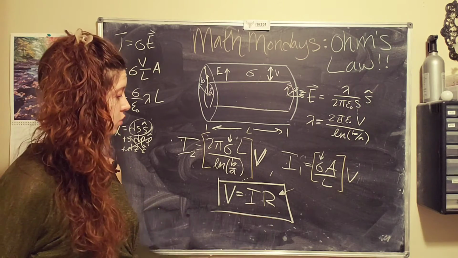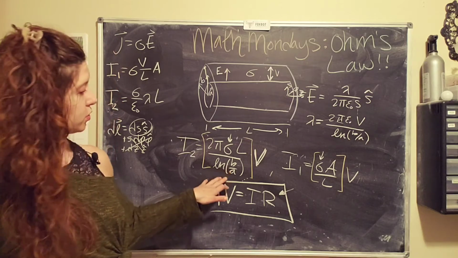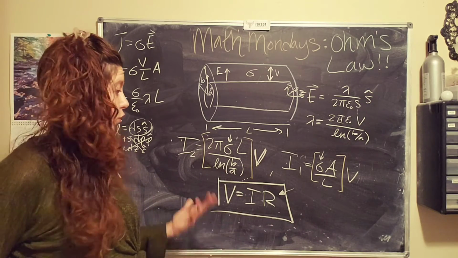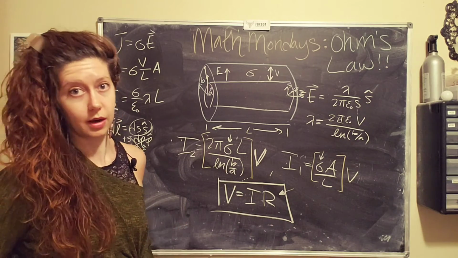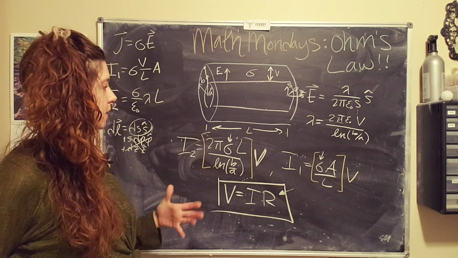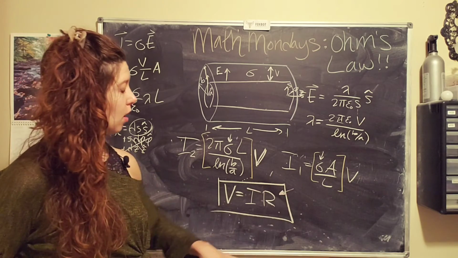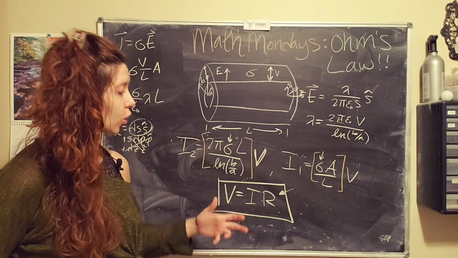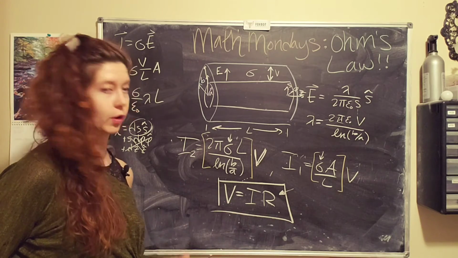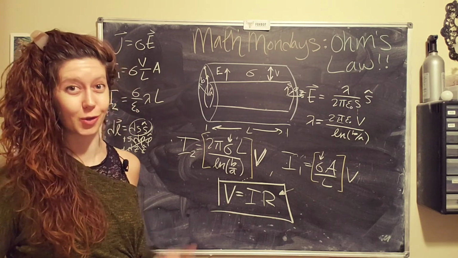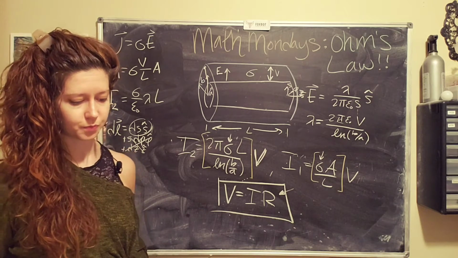And so what's really interesting is that what we found from here is that we are defining this term based on the fundamentals that we know about current density, potential difference, and the electric field that we learned a lot from in electrostatics.